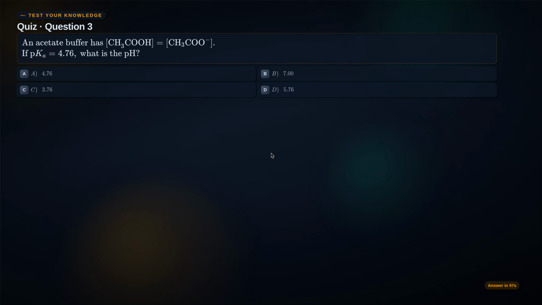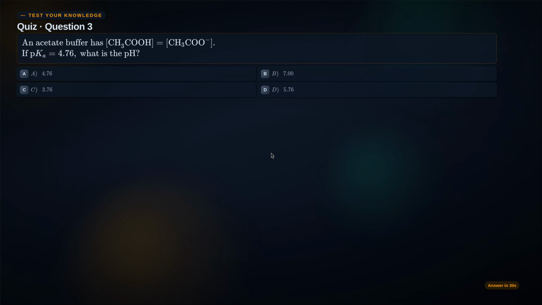Quiz question 3. A buffer has equal concentrations of acetic acid and acetate ion. If pKa equals 4.76, what is the pH? Option A, 4.76. Option B, 7.00.